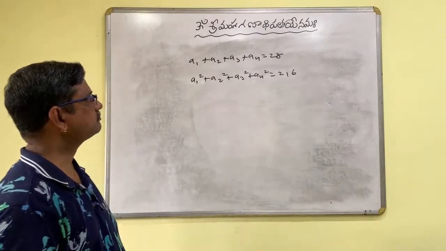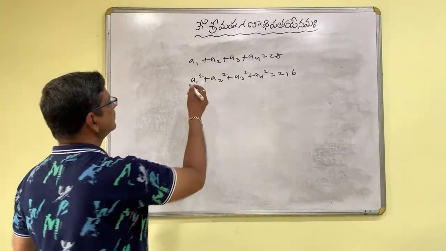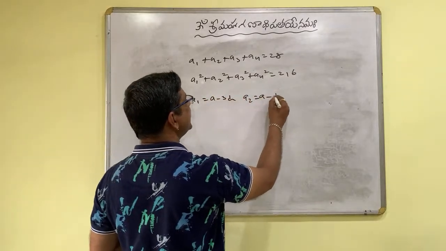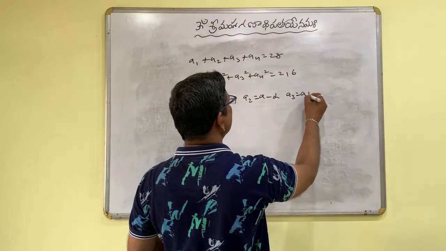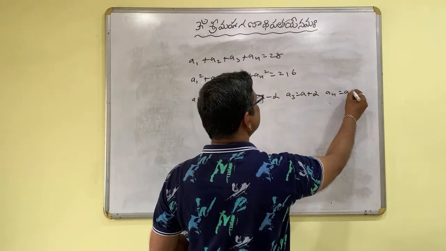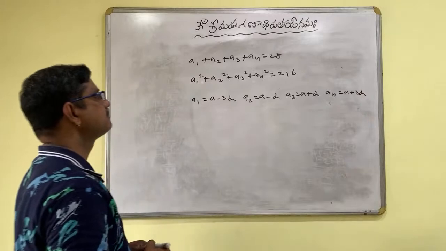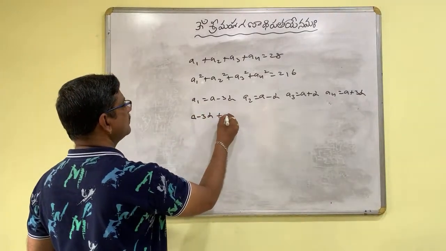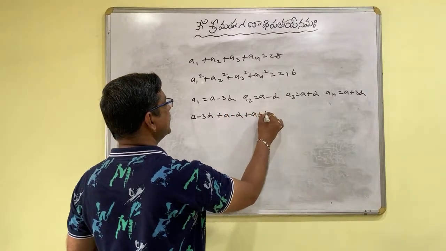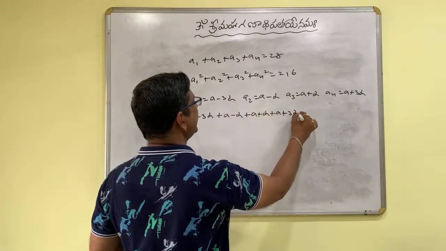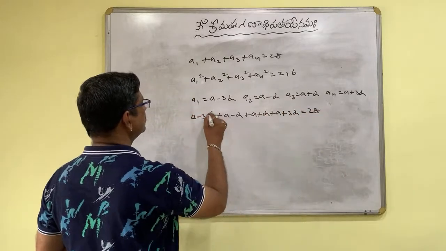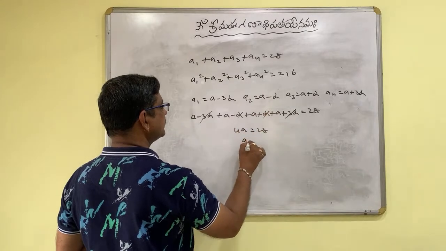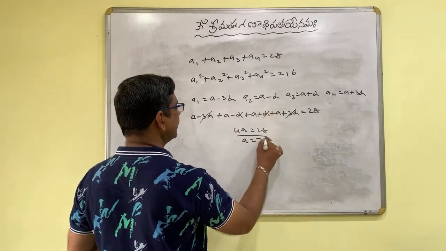Okay. Now here we need to take it like this: a1 is a minus 3d, a2 is a minus d, a3 is a plus d, a4 is a plus 3d. Now add them. A minus 3d, a minus d, a plus d, a plus 3d is 28. 4a is 28, a is 7.